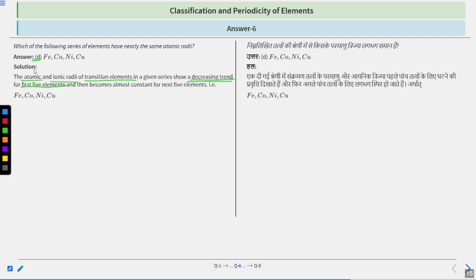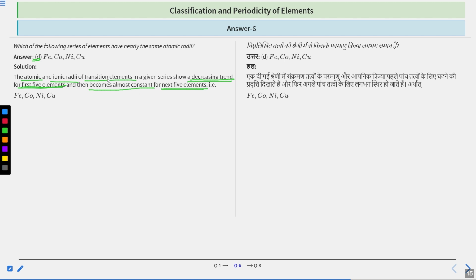So it is saying that the atomic and ionic radii of the transition elements in a given series show a decreasing trend for the first 5 elements only, and then the ionic radii or atomic radii become almost constant for the next 5 elements. Okay, so it is a normal trend which is shown by the transition elements.